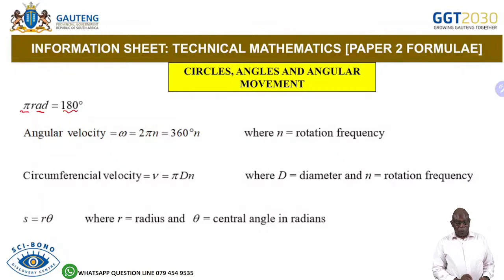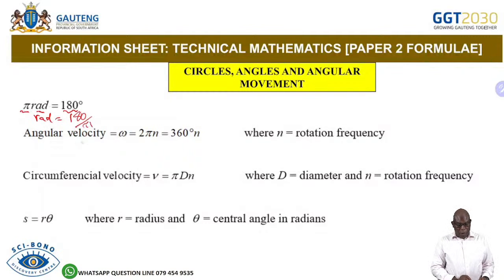So if I want to change degrees to radians, I multiply by pi over 180 degrees. You see? So therefore I can change degrees to radians. Now you must know how to change degrees to radians and radians to degrees. If I want to change radians to degrees, obviously then it will be 180 over pi.